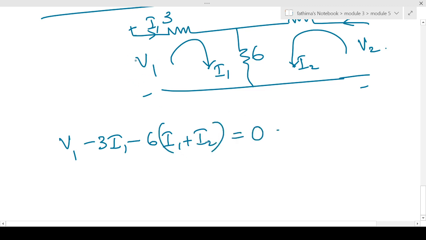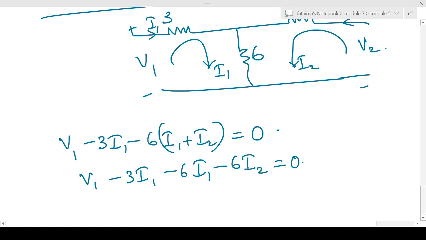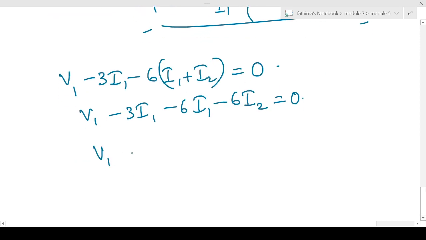So V1 is the voltage at the input, minus the drop across this 3 ohm, that is 3I1, and the drop across 6 ohm, that is minus 6 into I1 plus I2, equal to 0. So this can be written as V1 minus 3I1 minus 6I1 minus 6I2 equal to 0, or V1 is equal to 9I1 plus 6I2.